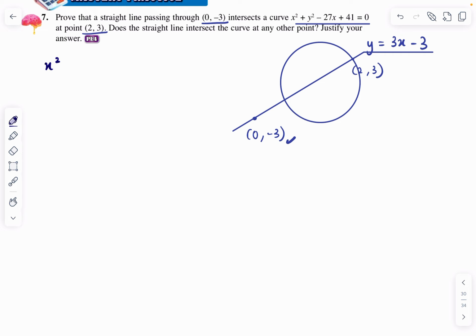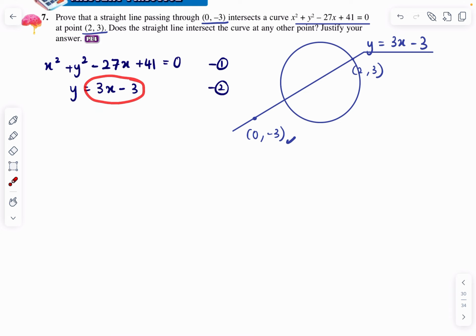So our first equation, x squared plus y squared minus 27x plus 41 equals 0. Then our second equation, y = 3x - 3. Okay, so here I think we can use substitution. Since we have y as the subject, we just substitute inside here. So we can say sub equation 2 into 1.